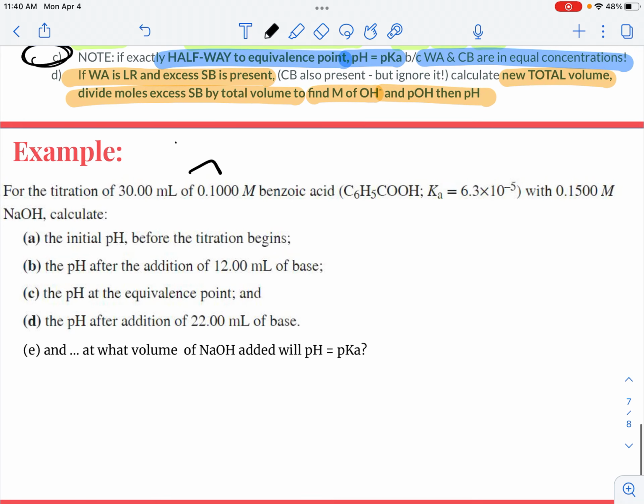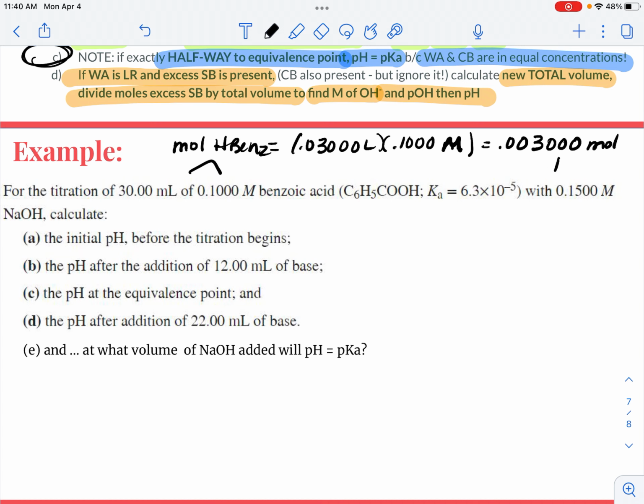And so moles of benzoic acid will be the volume times the molarity, so 0.03000 liters times the molarity of 0.100 molar, gives me 0.003, and I still have 4 significant figures, so I have to keep adding all those zeros. All right, so this is moles of my benzoic acid in the flask at the start of every single one of these.